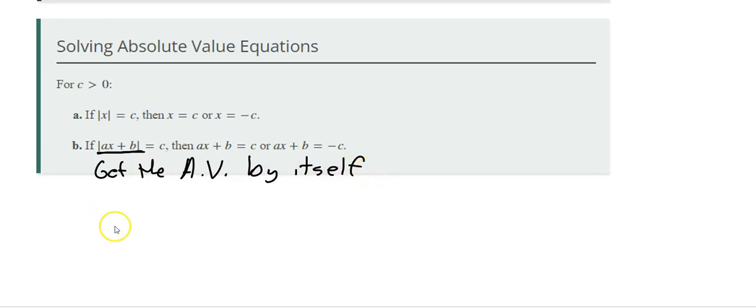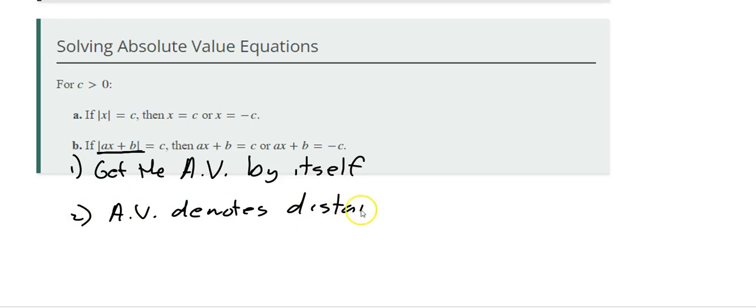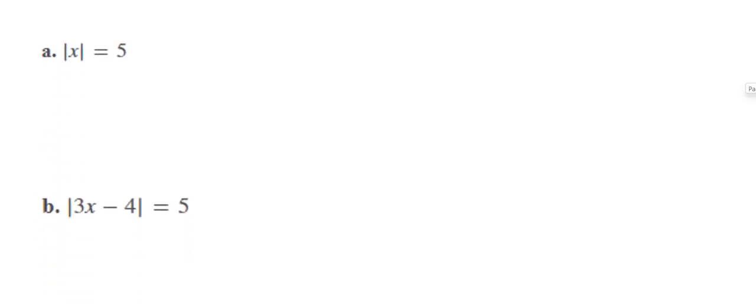If you're going to take away anything from this first part, it is 1, get the absolute value by itself, and 2, absolute value denotes distance. All right, let's do about 3 little examples and we'll jump into the hawks.